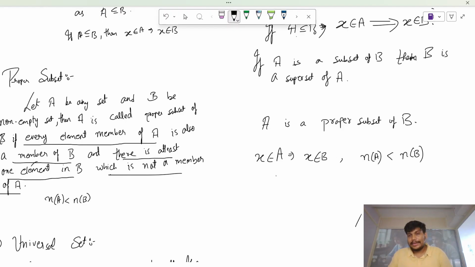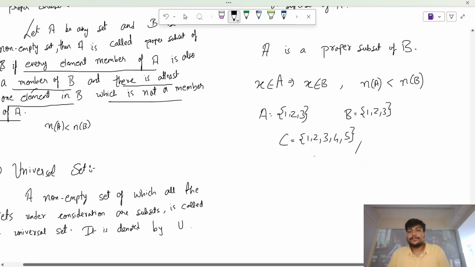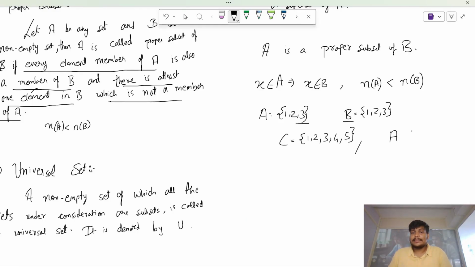For example, if I write A is equal to 1, 2, 3 and B is equal to 1, 2, 3 as well. And I'll take one more, C, as 1, 2, 3, 4 and 5. Then if we take a look here, I can say every element of A is also an element of B. So I can say A is a subset of B. I can also say B is a subset of A because every element of B is also present in A. Now, if we take A and C, then what can I say?